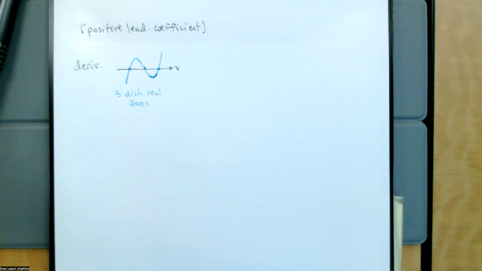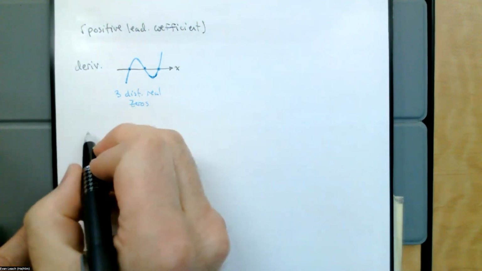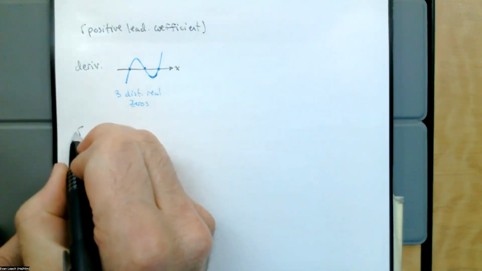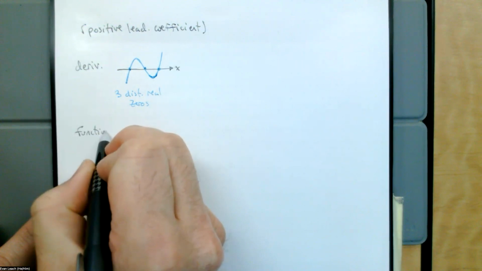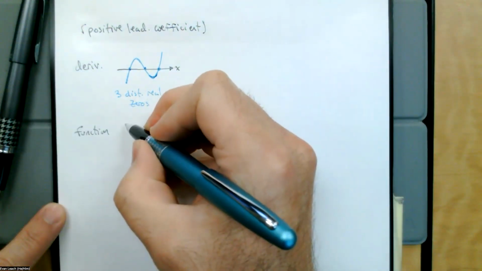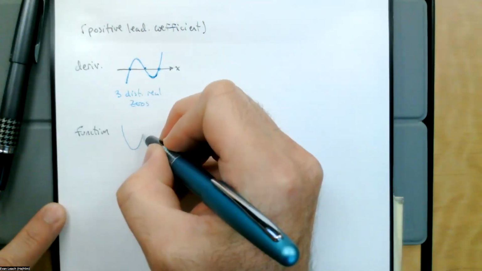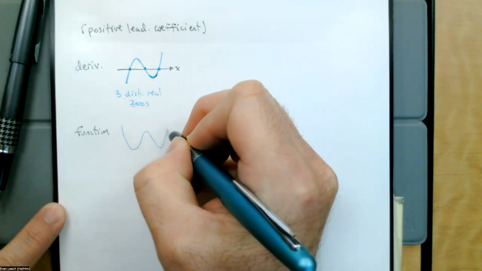And the third one is the reverse. I don't think I'd be able to correctly say it a third time. So our function goes from decreasing to increasing to decreasing to increasing.